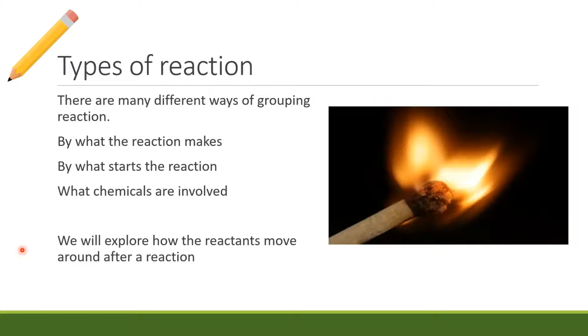What we're more interested in is how do chemicals change in this reaction. How do they move around, like what changes in them? So that's what we're going to be focusing on. It's this one on the bottom.